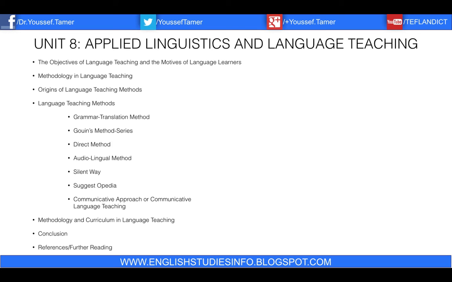And then we will talk about those methods and approaches in historical order. We'll start with the grammar translation method, Gouin's series method, direct method, audiolingual method, silent way, suggestopedia, communicative approach or communicative language teaching. And this is the most recent one.